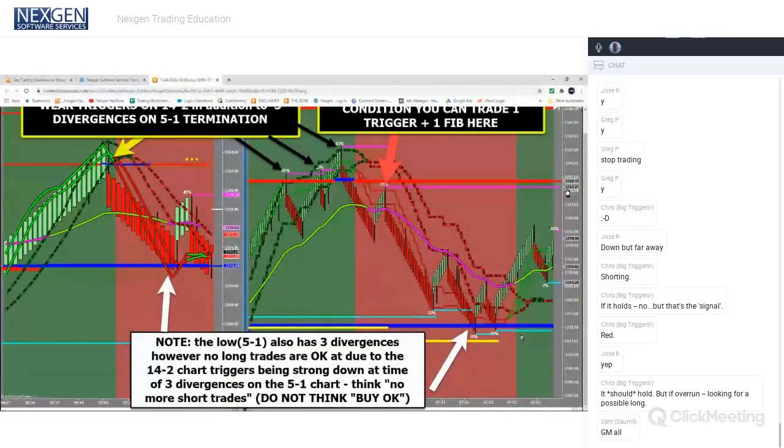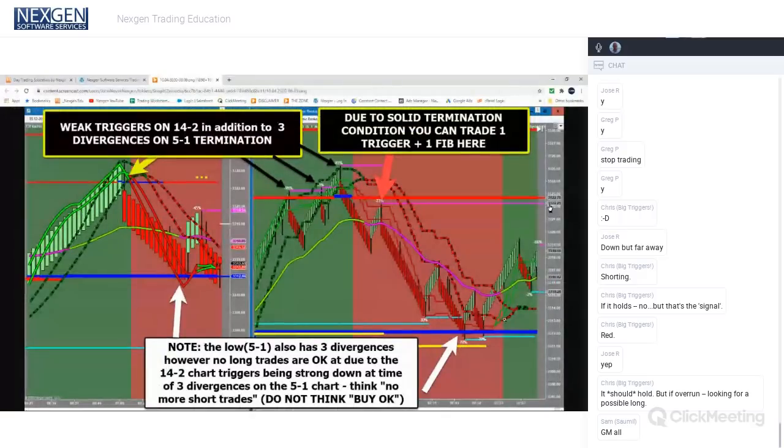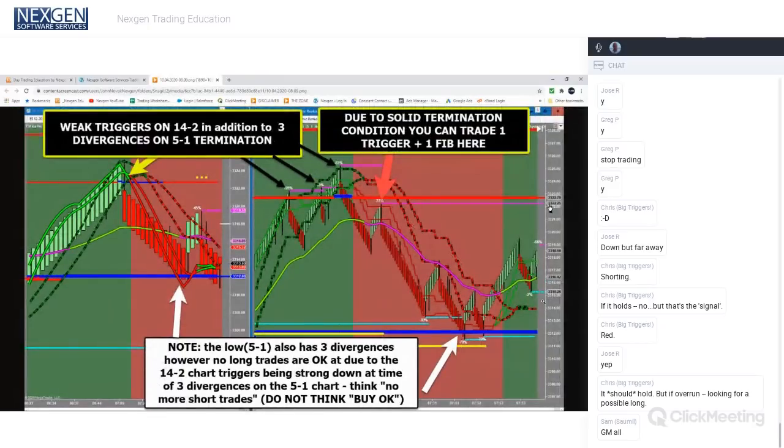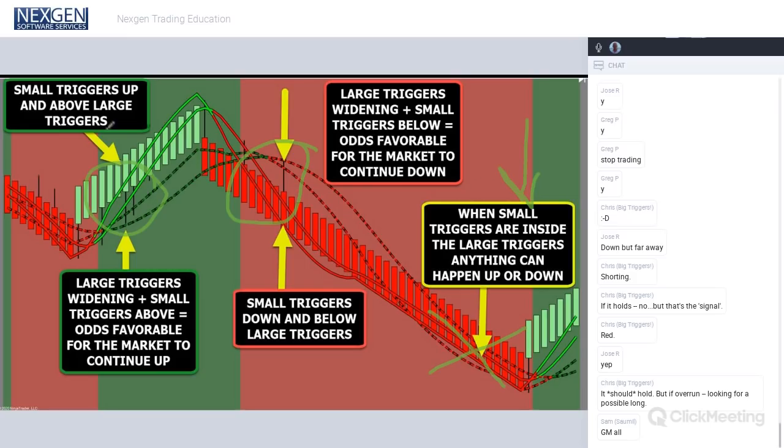But the same way you would go short up here when the fibs and triggers agree after 2 termination conditions, because you get to a blue fib and you have a termination condition doesn't necessarily mean you're going to go long if the triggers are too strong. Tops and bottoms against strong triggers usually break. Tops and bottoms with weak triggers usually give a reversal. So again, it's a function of reading the triggers, but it's really, really simple.